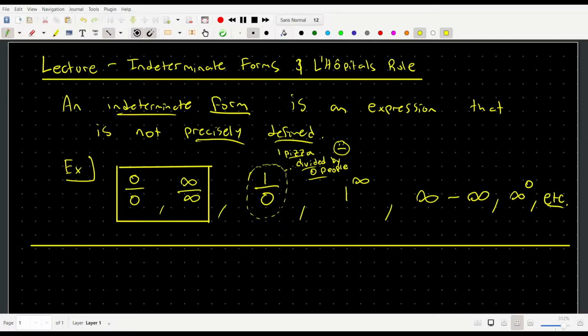And it turns out that for all of the different types that you could consider, you can very efficiently and effectively figure out how to algebraically manipulate the problem into a 0 over 0 or infinity over infinity indeterminate form. And I'll just list one more common indeterminate form that you'll see, which is 0 times infinity right here.